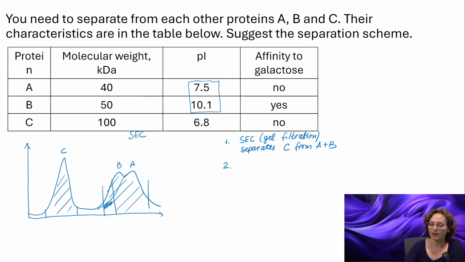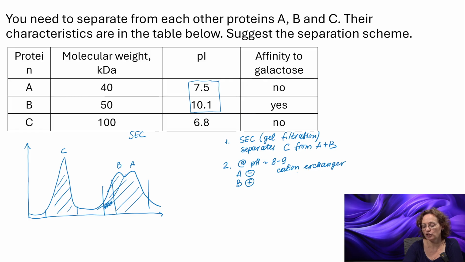So if you are using a pH of about, let's say, 8, 9, right, then we have protein A negatively charged, and protein B is still positively charged. So you can use either cation exchange chromatography.